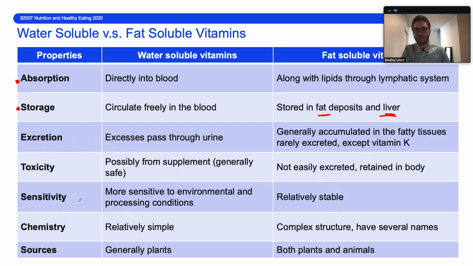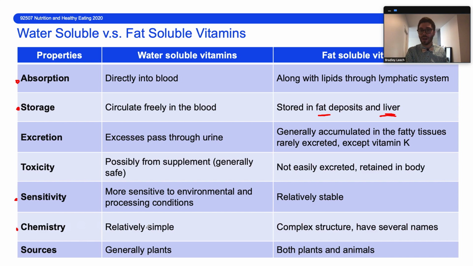The sensitivity of these vitamins: first of all, your water-soluble vitamins are a lot more sensitive to the environment, to heat and light, whereas your fat-soluble vitamins are relatively stable when exposed to heat and light. Looking at the chemistry makeup, water-soluble vitamins are quite simple in structure, whereas your fat-solubles are quite complex.